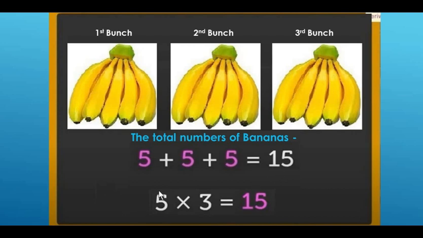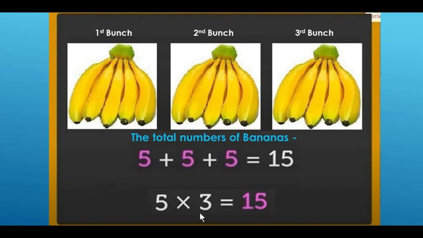Here we repeatedly add 5 three times, which is slow and time consuming. If we know the process of multiplication, we can do it easily and quickly, like 5 times 3 is equal to 15.